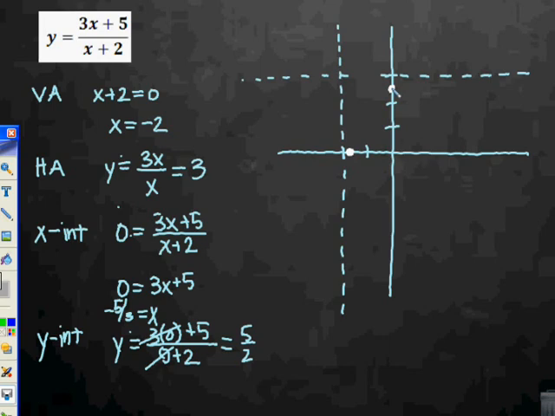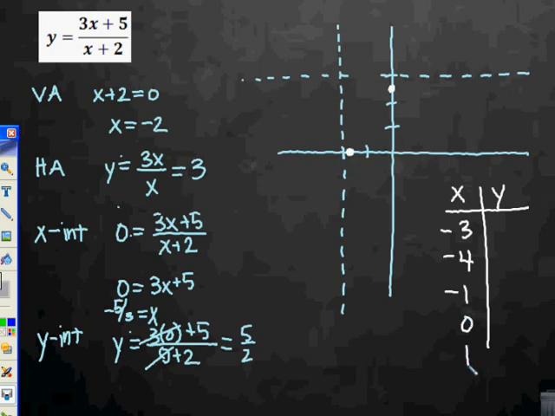What we also could do is make a table of values of some x's and y's. And let's just see what's going on either side. So if I would pick maybe on either side of my vertical asymptote, let's maybe pick -3. Let's pick -4. And then on the other side, how about -1, 0, and 1?